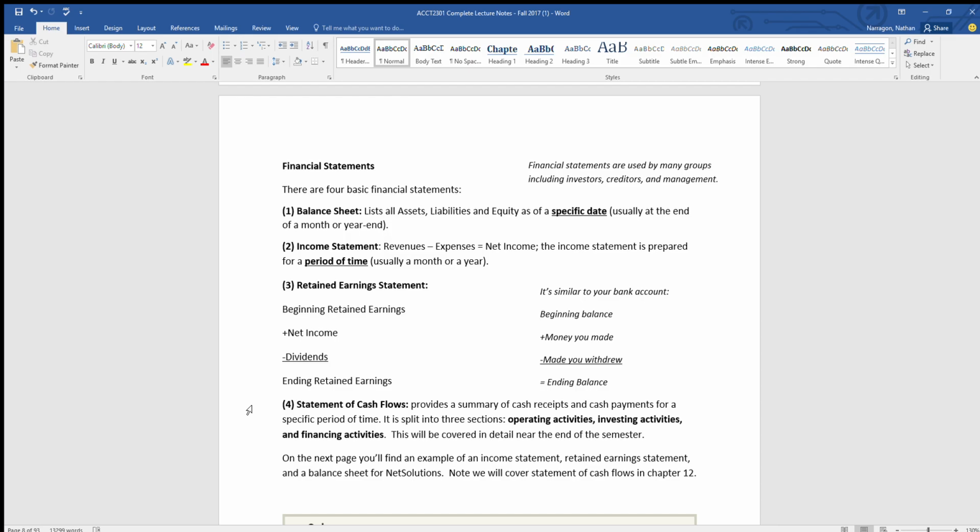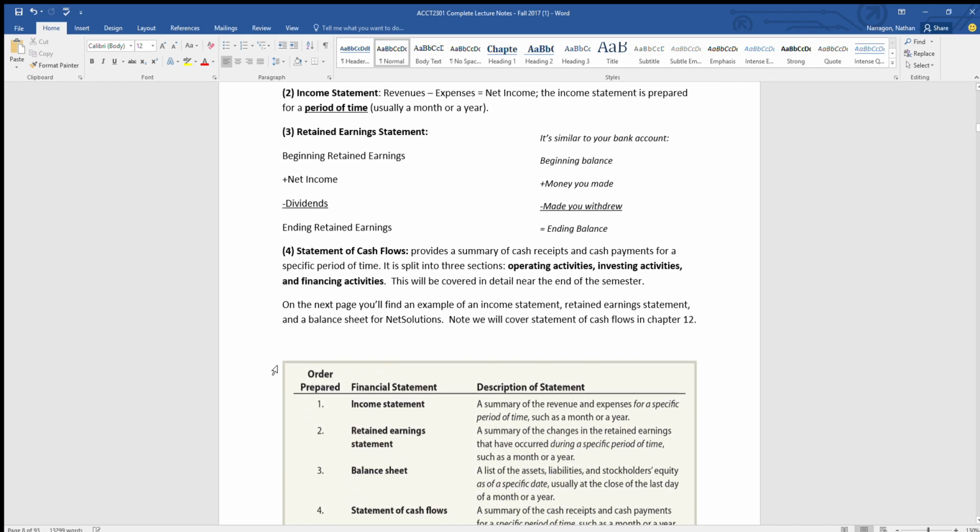It has operating activities, which is how the business runs, investing activities, what we actually invest in, basically fixed assets, and financing activities. So did we get any loans or stuff like that. Again, we're going to get into that at the end, so no worries. Focus on the first three. Those are the big three that we're going to hit.